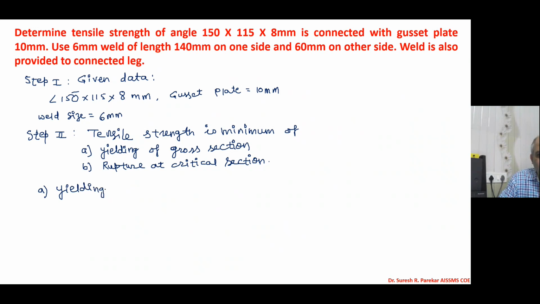This is denoted by TDG, yielding of cross section.